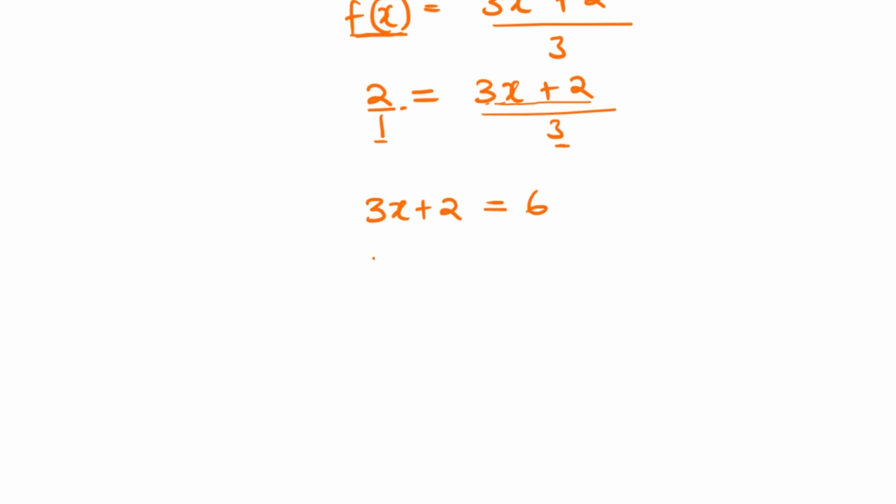We collect the like terms. We are saying 3x, this positive 2 crosses the equal sign, goes the other side, and becomes a negative, so it's equal to 6 minus 2. So we are going to have 3x is equal to 6 minus 2 gives us 4.